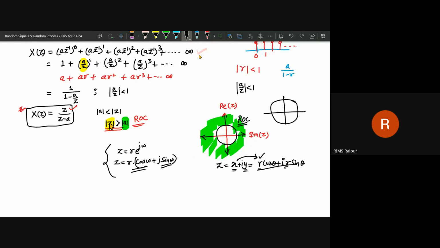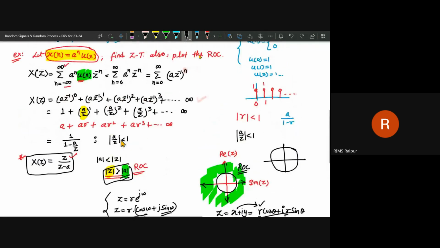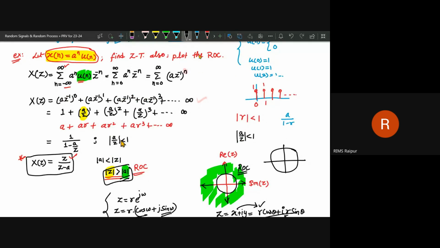You just need to understand that mod z represents a circle, and whenever you have an expression like mod z greater than a, then you will get the ROC outside the circle, and if you have mod z less than a, then the ROC will be inside the circle. It is the converging condition for this sequence, or the existence of that Z transform.